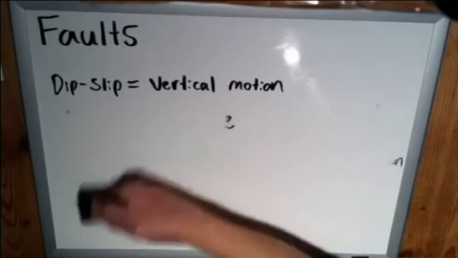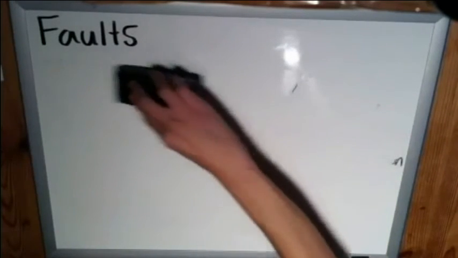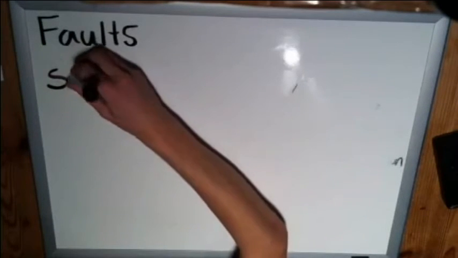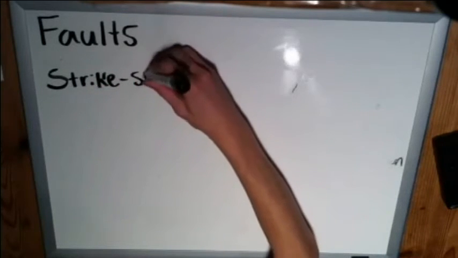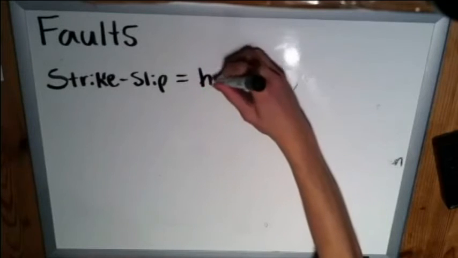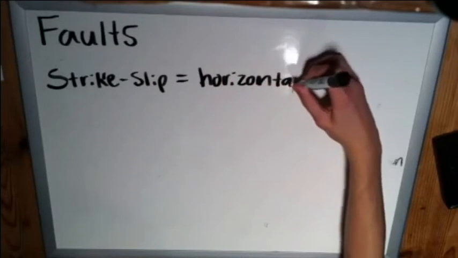But there's an entirely different kind, which you can probably see where this is going. We have strike slip faults, which contain horizontal motion.